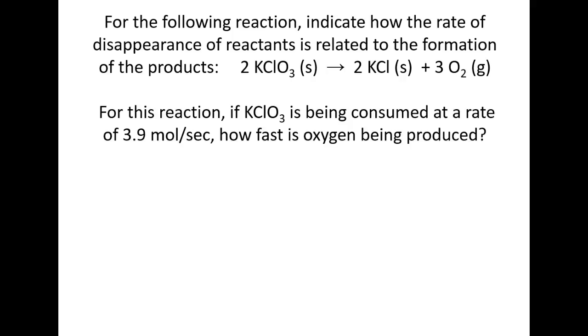For the following reaction, indicate how the rate of disappearance of reactants is related to the formation of the products. So I'm going to take this equation at the top and say how all the rates compare to each other. Now we know KClO3 is going away, so that's a reactant that's going to disappear, so it should have a negative average rate.